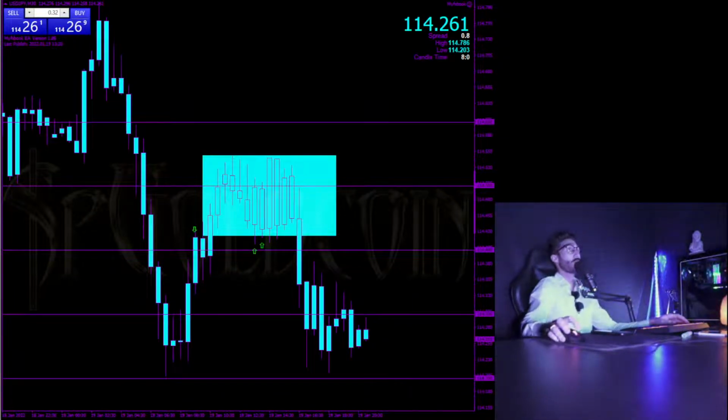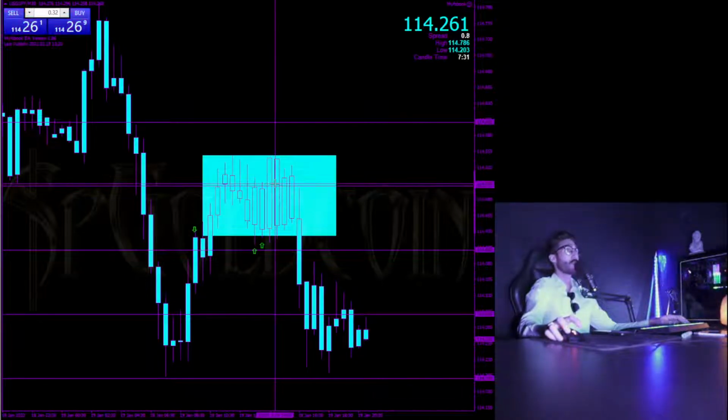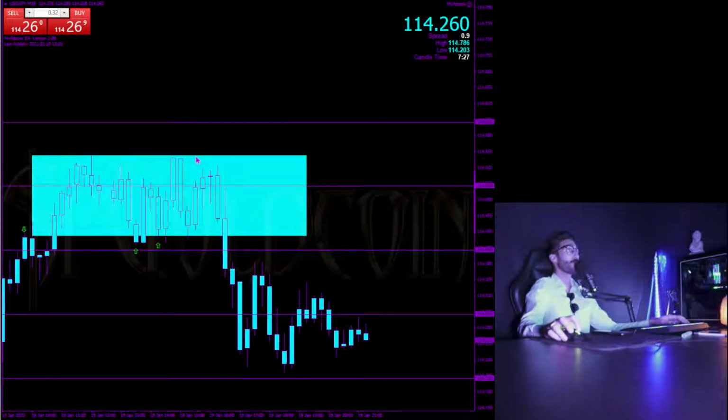All right, so you could see as we approach the 15-minute candle open, this is the new hour candle and the last hour of the 4-hour candle. So you could see we're sitting at 114.5. We're just sitting in that area. Price could not close above 114.5.